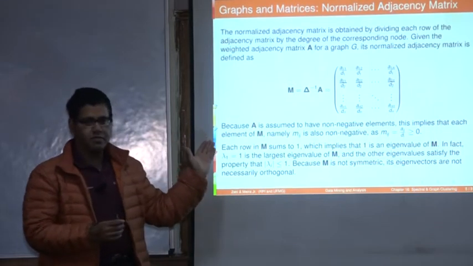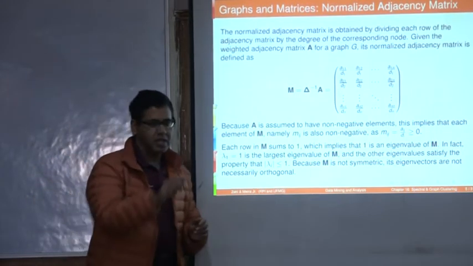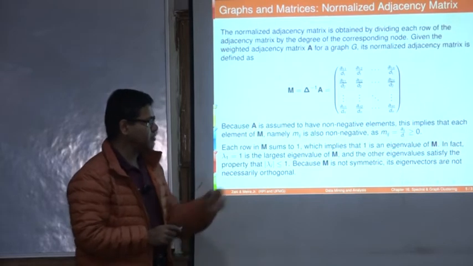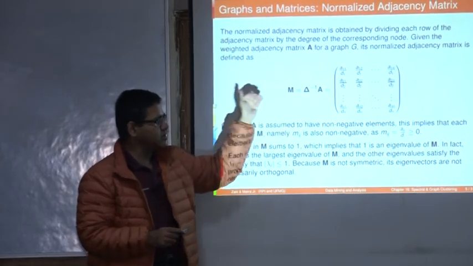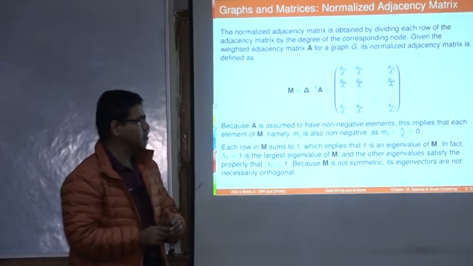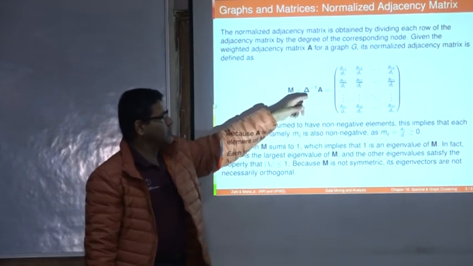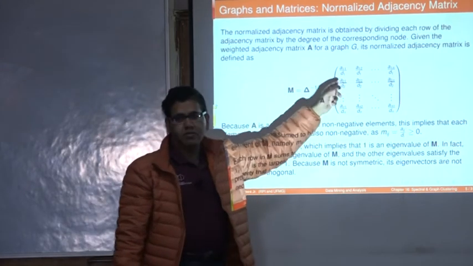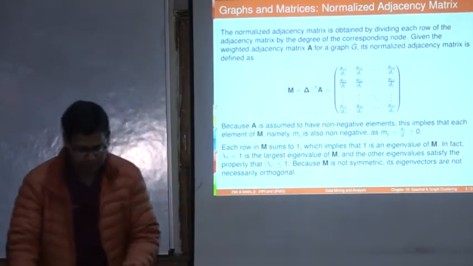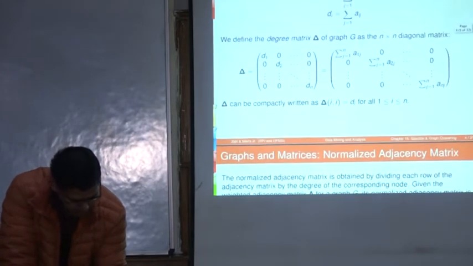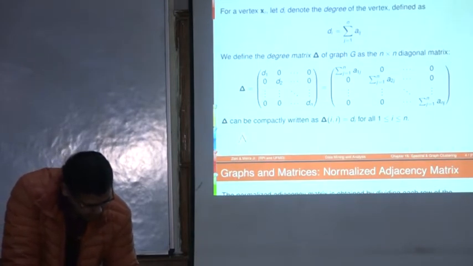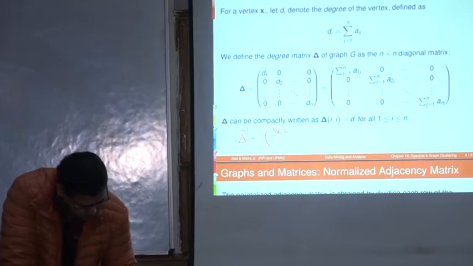Because the operation on the left basically does row operations. So if you multiply anything on the left, it will basically manipulate the rows. And of course, it is the inverse of the degree, so that has the effect of dividing by the degree. The inverse of the degree matrix is actually defined as 1 over d1, 0, 0, and so on, 1 over d2, and so on and so forth, 1 over dn.